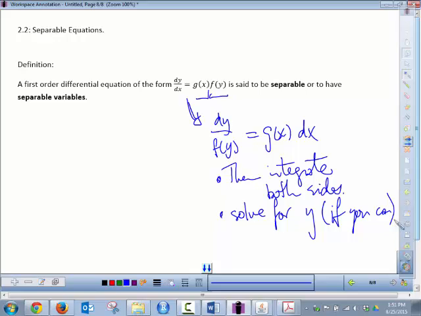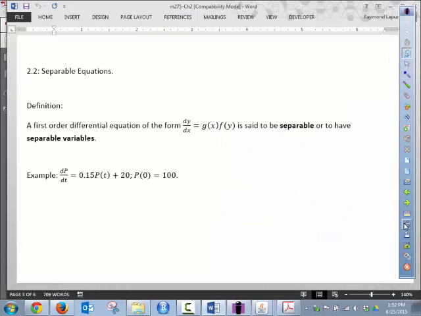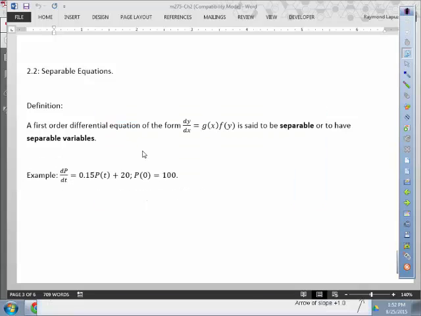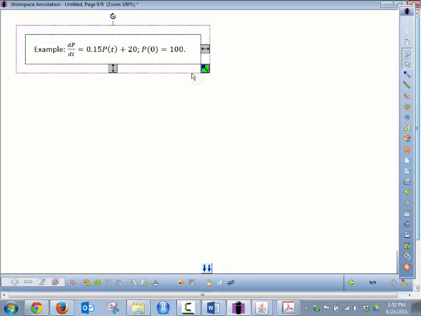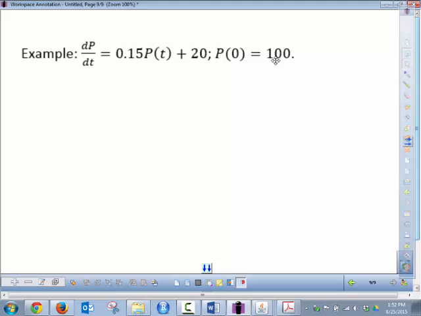All right, so I had this example over here. Let's do that example. This looks like an IVP, initial value problem. It has a differential equation, and it has an initial condition. And it looks like it might be separable.